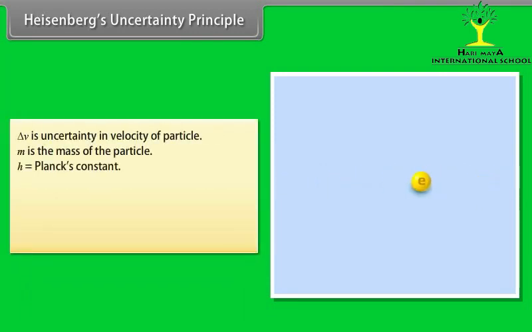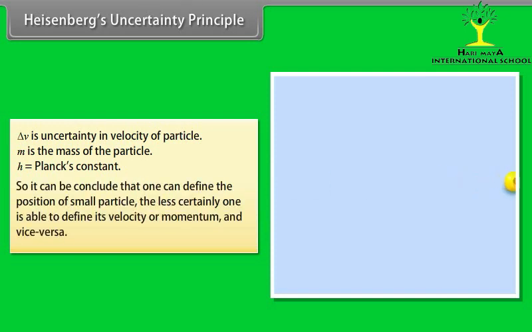Delta v is the uncertainty in velocity of the particle, m is the mass of the particle, and h is Planck's constant. So, it can be concluded that the more certainly one is able to define the position of a small particle, the less certainty one has in defining its velocity or momentum, and vice versa.